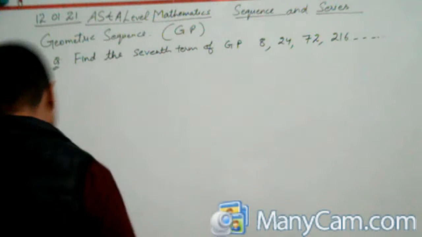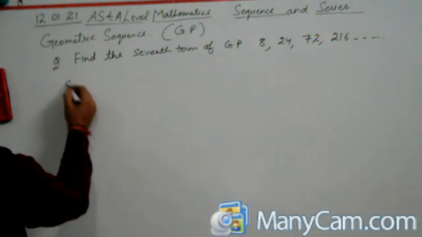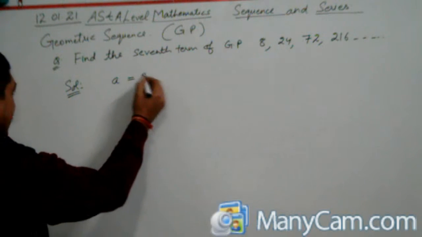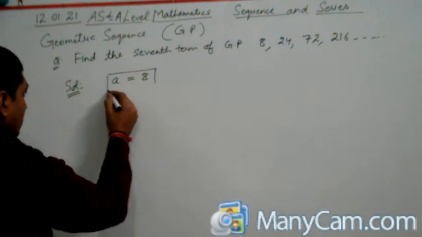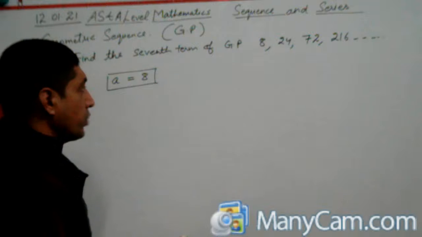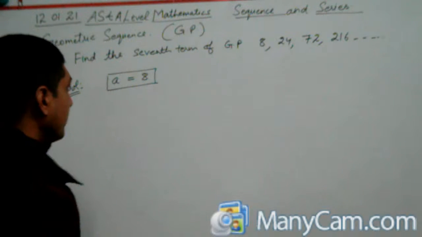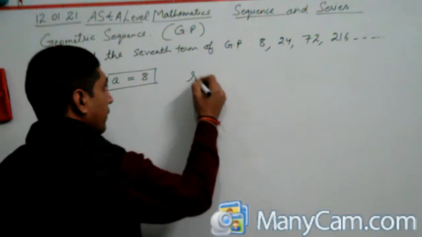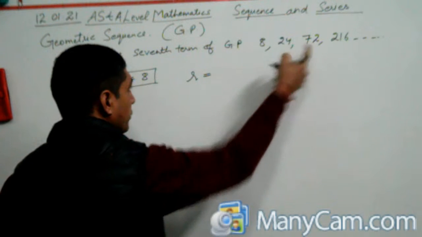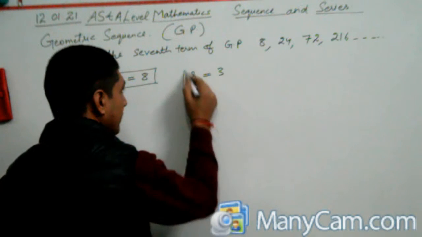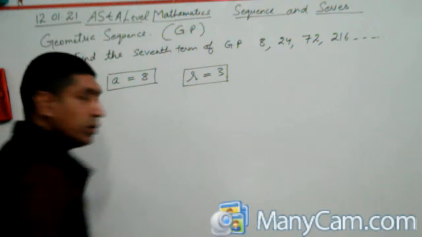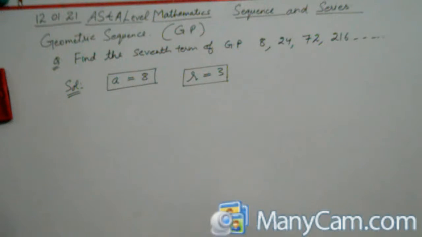So here the first term a is equal to 8, right? And what is the common ratio here? The value of r: 8 into 3 is 24, 24 into 3 is 72. So the common ratio r is 3.